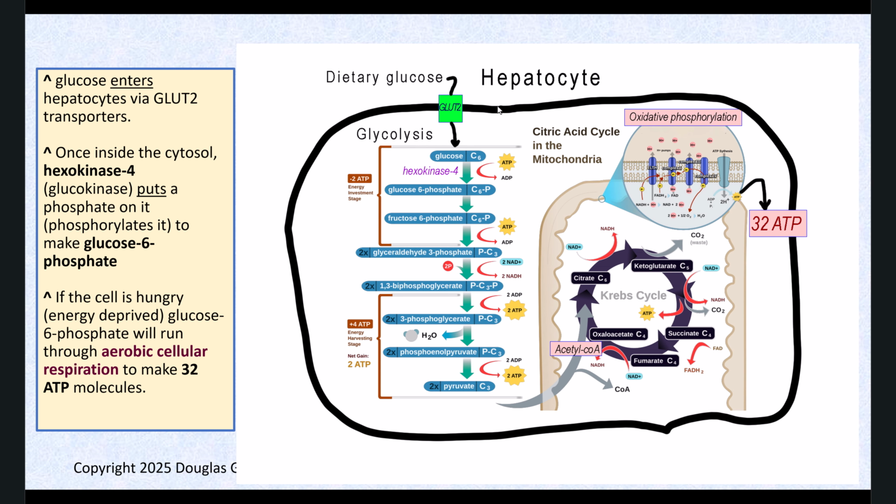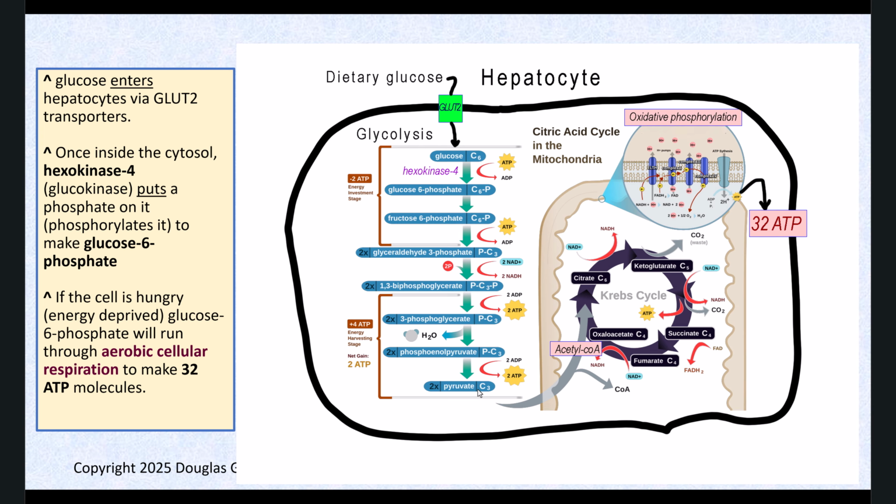And just while we're on this slide, do I have a bigger picture? Yes, I do. If this is the first food, like an hour after you fasted all night and you're eating your first food, the glucose 6-phosphate will run through glycolysis to make pyruvate, and then it runs through the Krebs cycle.